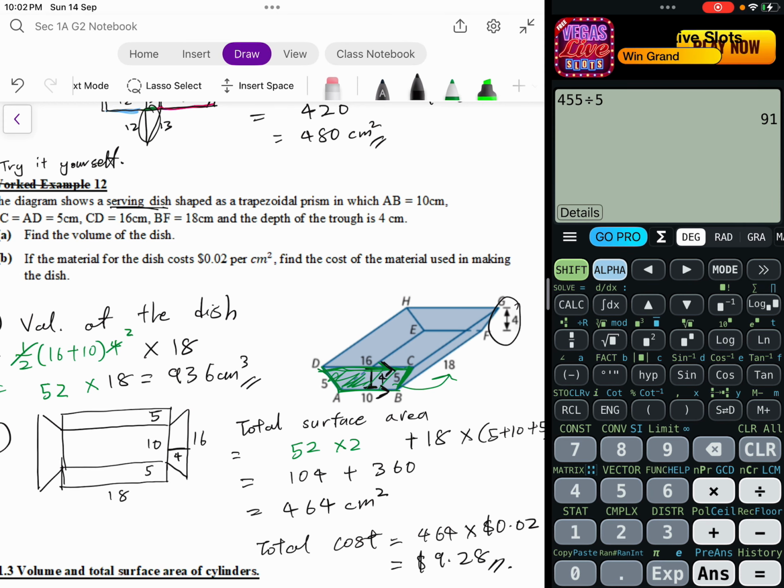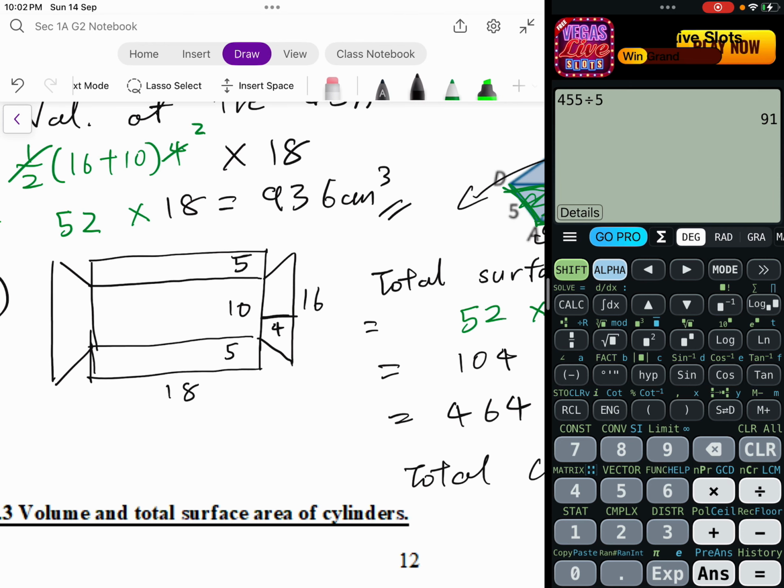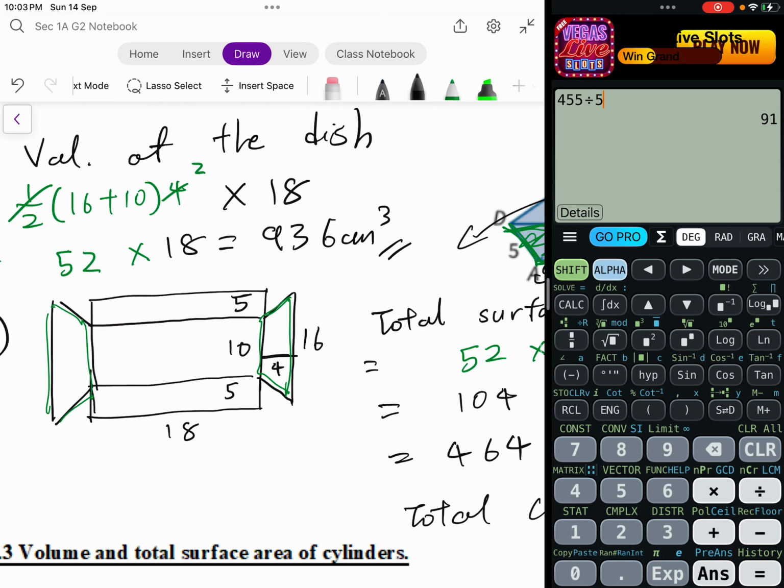Now, if I were to open this thing up, this one comes here, this side opens up here, this side opens up here, the back goes back here. There's no top cover. So when you open it up, it looks like this. Now, again, same concept. To find the surface area, we have the two trapeziums at the side and this long rectangle in the center.